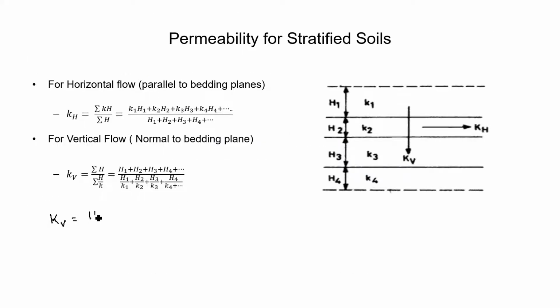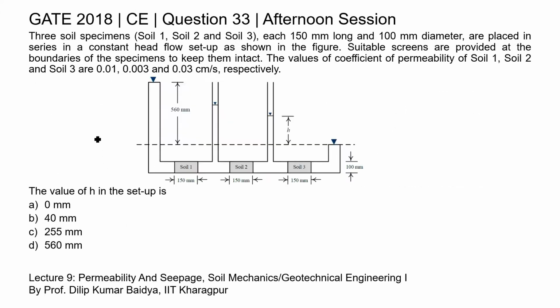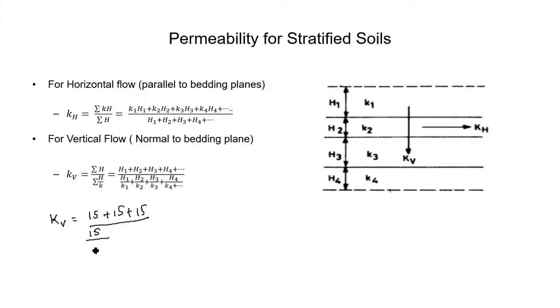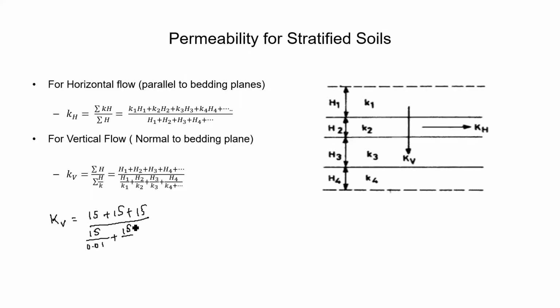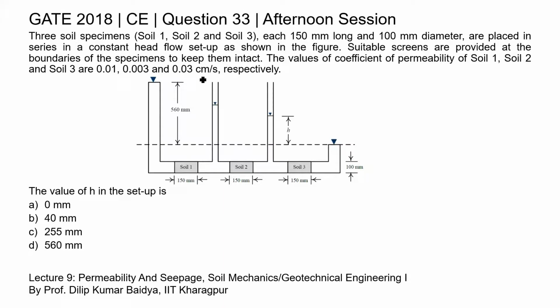So Kv is H1 plus H2 plus H3, that is 15 plus 15 plus 15, divided by H1 by K1. H1 is 15 divided by K1, where K1 is 0.01, plus H2, which is again 15 centimeter divided by K2, where K2 is 0.003, plus 15 divided by K3, where K3 is 0.03.